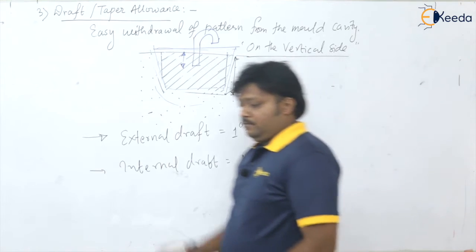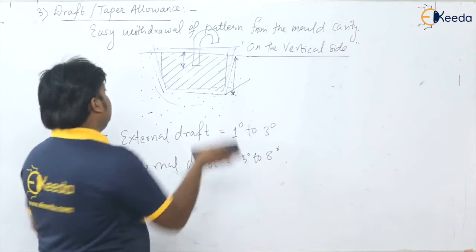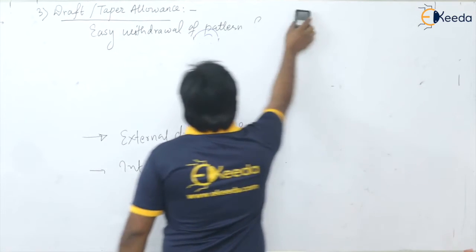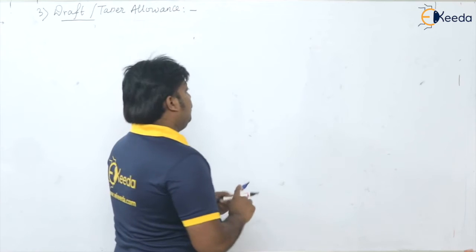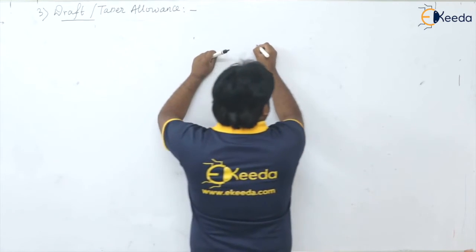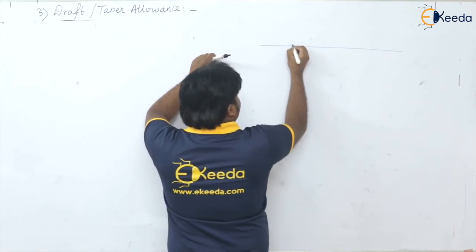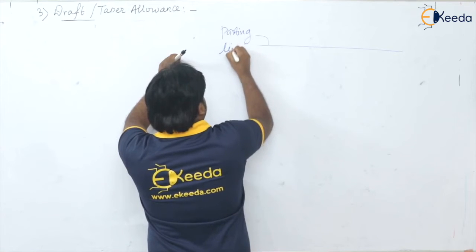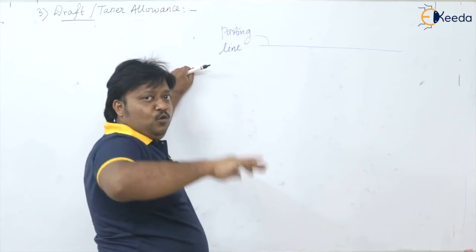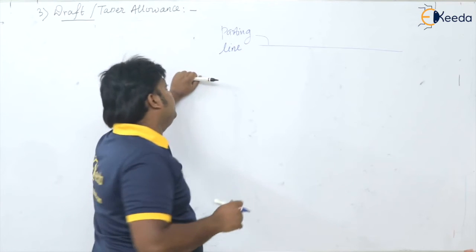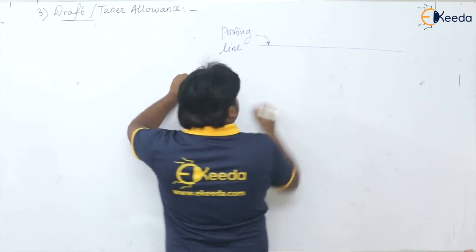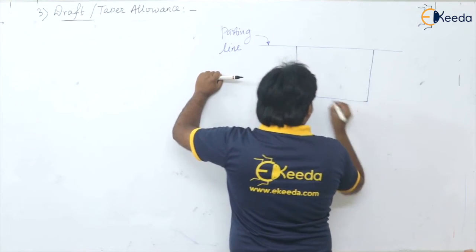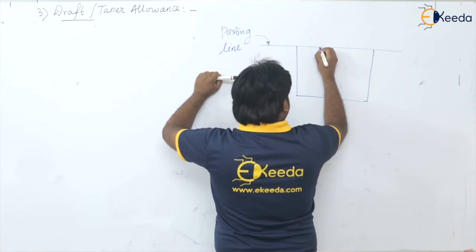Now let us take one example. We will take the previous example of the machining allowance. What did we get after provision of machining allowance? Width is not important. This is our parting line. What is the parting line? Basically the line which separates the cope from the drag. Here we have our dimensions after provision of machining allowance.